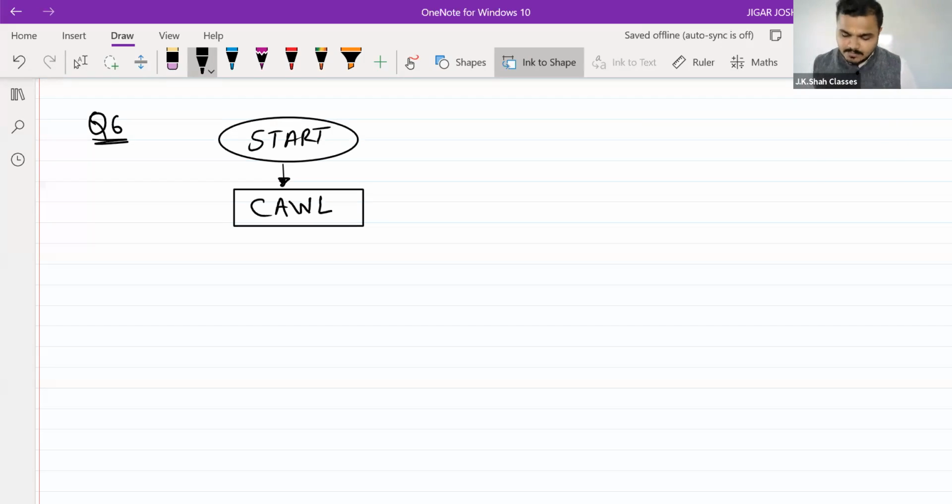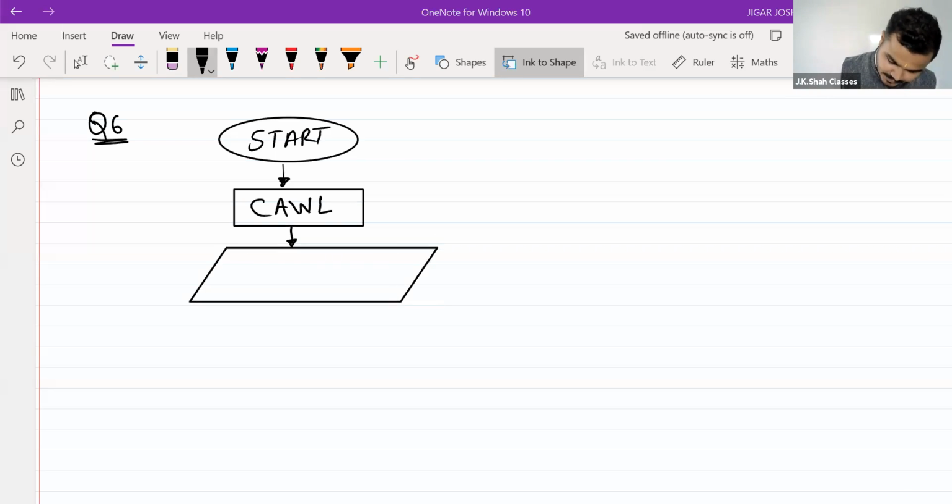Understood. Further, there will be an input box. The command which we will use is read. What do we need to read?